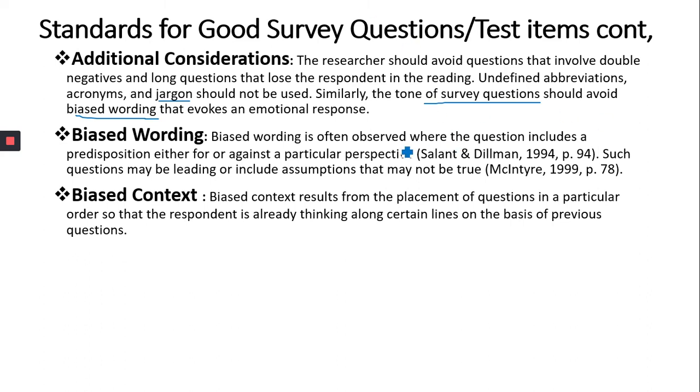Biased wording is often observed where the question includes a predisposition either for or against a particular perspective. Such questions may be leading or include assumptions that may not be true. You make a statement, say, given that a lot of people have been dying, what would you recommend?